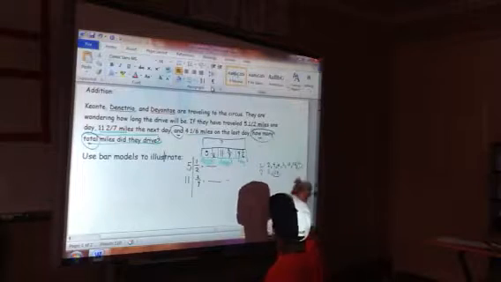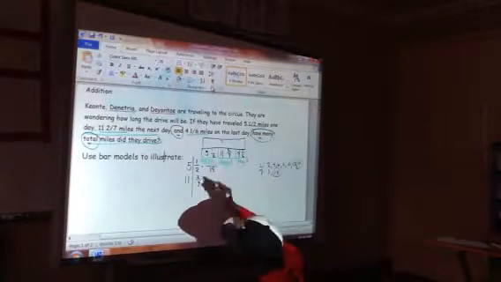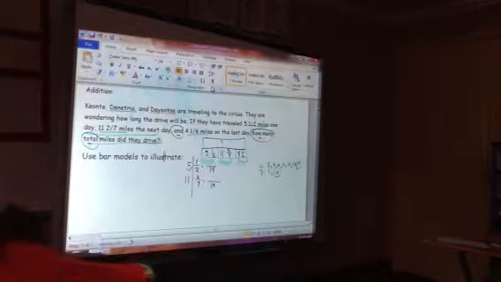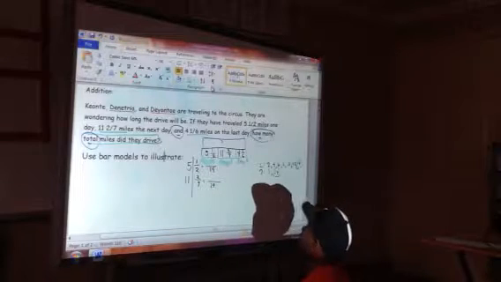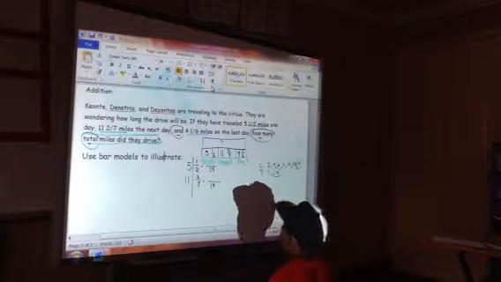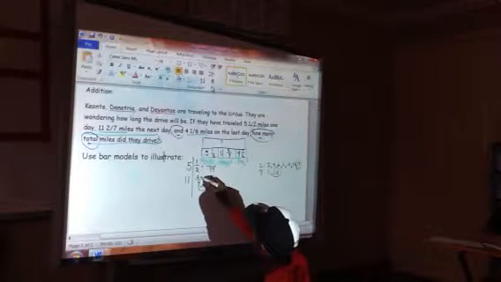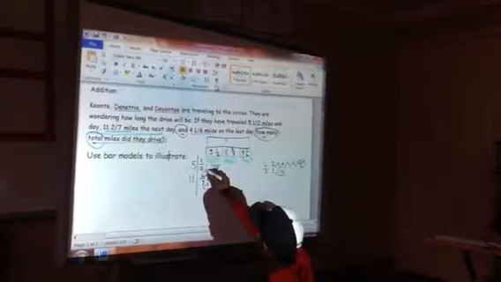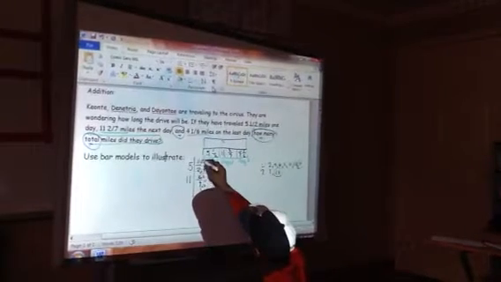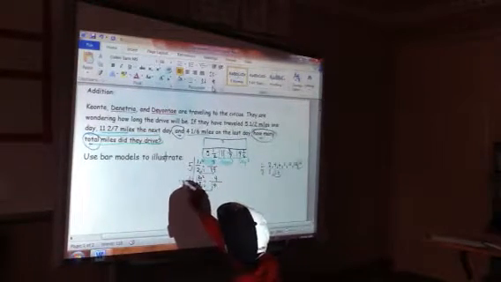Lucky for you, the least common denominator is 14. Now, how did I get from 7 to 14? Times 2. What else do I multiply by 2? The numerator. And how did I get from 2 to 14? Times 7. And I multiply this 1 times 7.